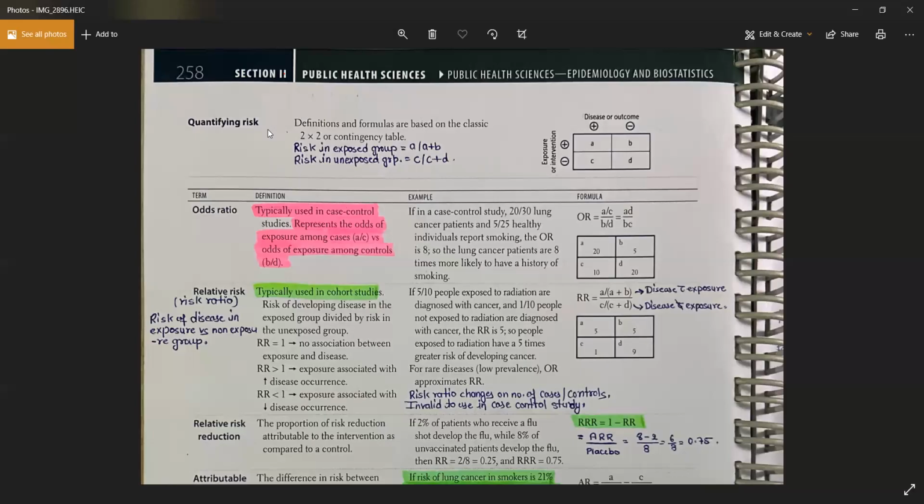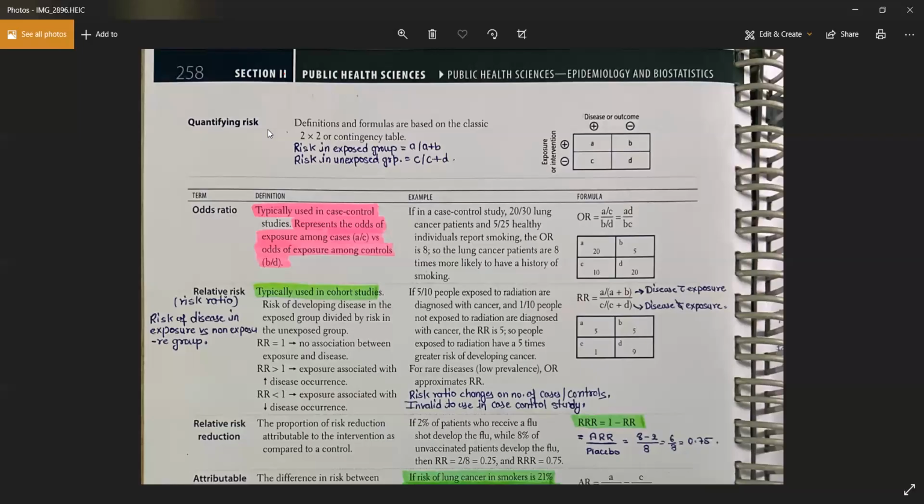Yes. Okay, now comes the relative risk. Relative risk is basically what are the chances, what are the risks of getting the disease in the exposed group as compared to a group without exposure.